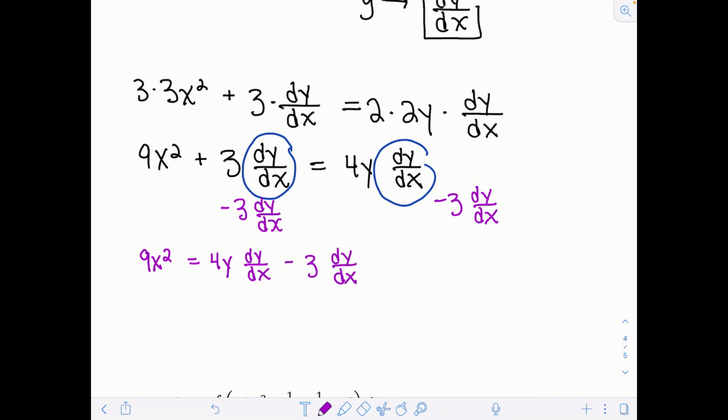So the technique here is if you get everything with the dy dx on one side, then you could factor it out, and that gives you a single dy dx instead of more than one, which we have in the problem right now. So if I factor it out, that leaves 4y minus 3 in parentheses here.